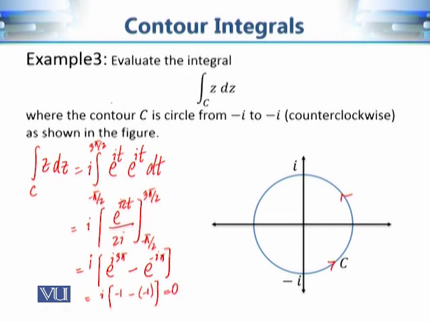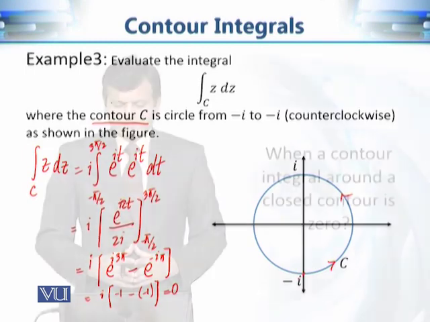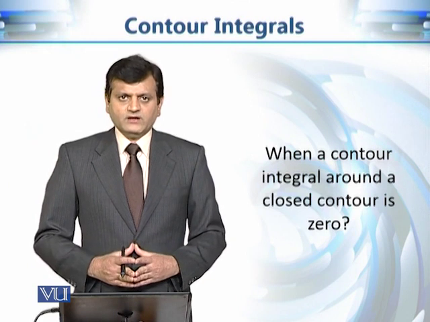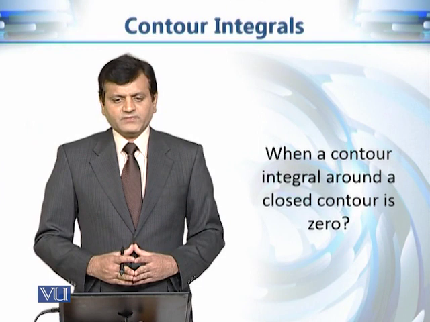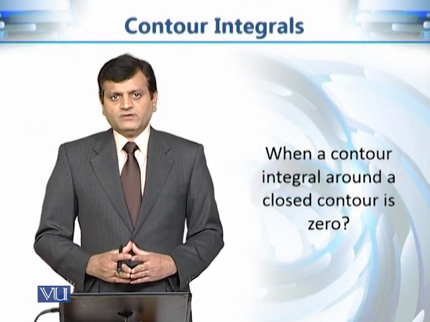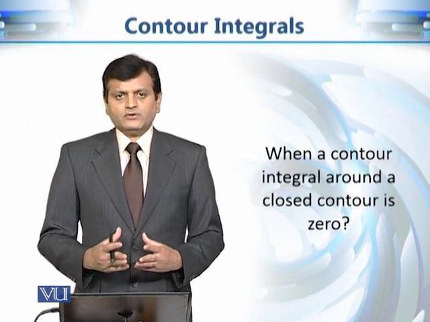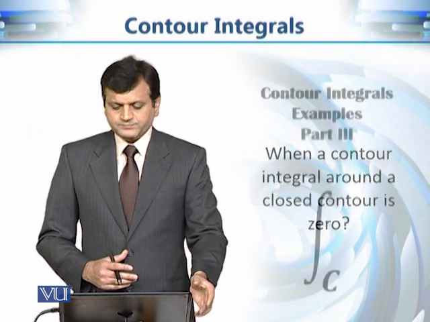Now observe that in this case the contour integral is 0, and the contour in this case is a simple closed curve. So the next question to explore is when a contour integral around a simple closed contour is 0, and obviously this question will also be considered in our further discussions.